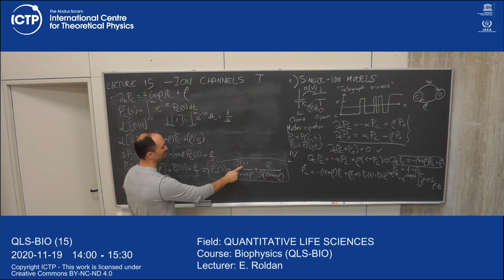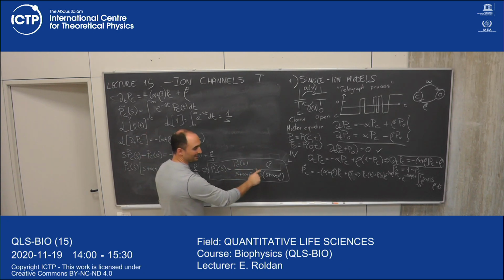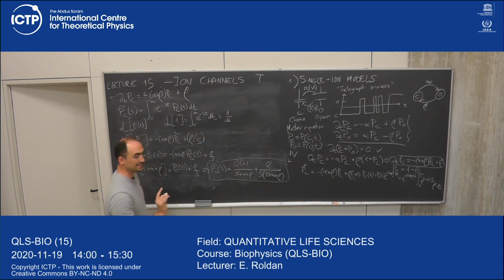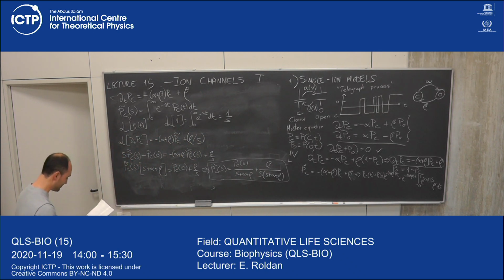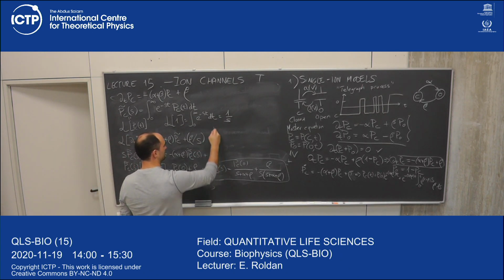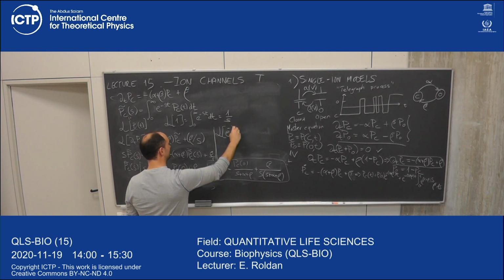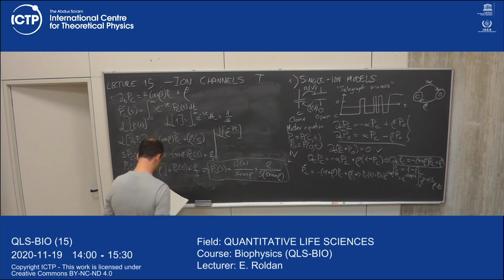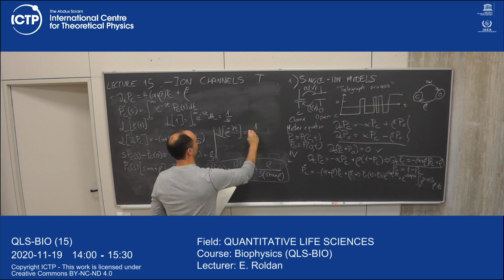Okay, so you need to know what is the inverse Laplace of 1 over s plus something, and what is the inverse Laplace of 1 over s times this. But this is not so complicated, because you have to use the fact that the Laplace transform of e^(-γt) is, you can calculate this, 1 over s plus γ.